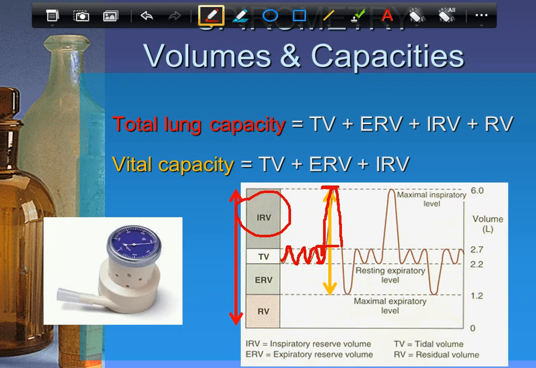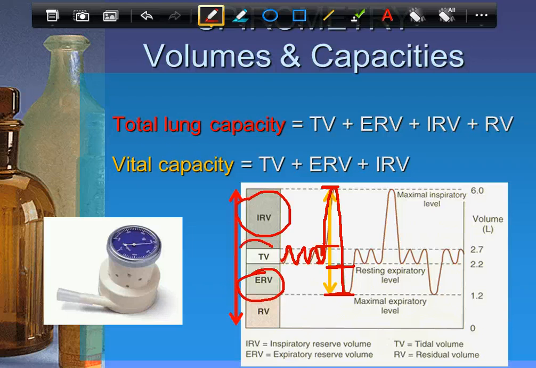So we exhale the regular tidal volume, and now we're going to exhale everything beyond a normal exhalation. So from here to here is expiratory reserve volume. Inspiratory reserve volume, everything beyond a normal inhalation. Expiratory, everything beyond a normal exhalation.